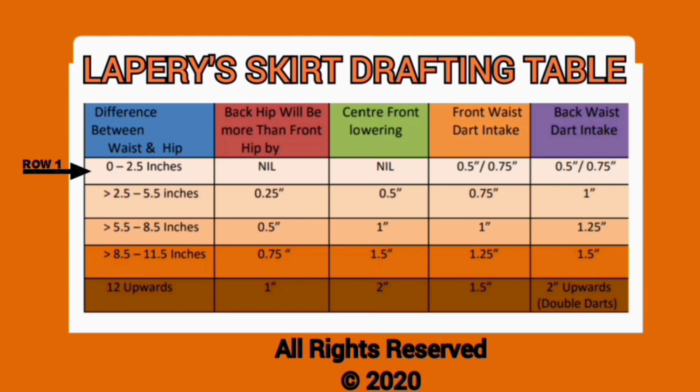Now, in the fourth column, still using this first row, under the front waist dart intake, we'll be having 0.5 of an inch or 0.75, which is 3/4. So it's either going to be half an inch or 3/4 of an inch, depending on where the measurement difference actually falls.